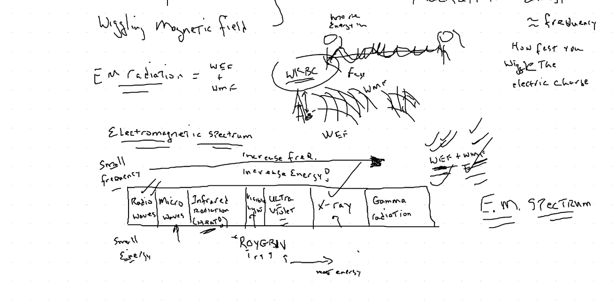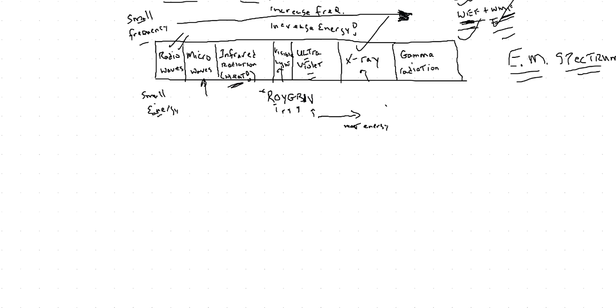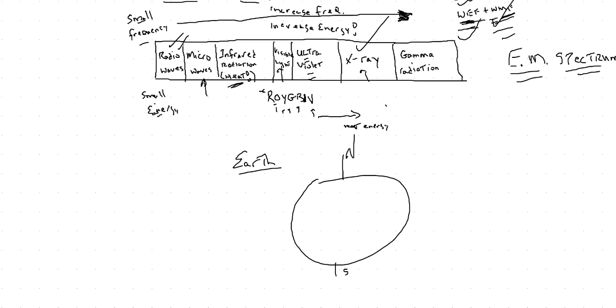And very quickly, if we talk about the Earth, we know the Earth has a magnetic field. This is the Earth. There's the North Pole and the South Pole, and a compass needle is going to point. Why does the Earth have a magnetic field? Because in the center, in the core, it's very hot, and the metals break up. Remember, atoms are electrically neutral, so you have plus and minus charges. But it's rotating.